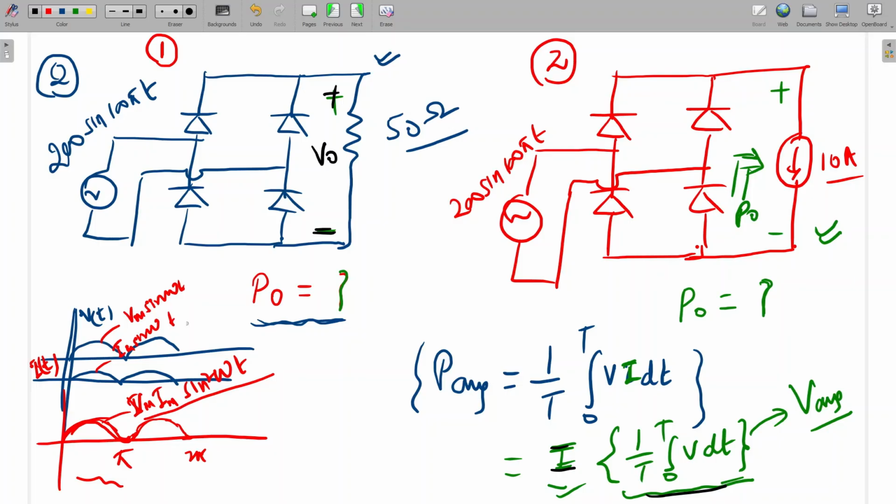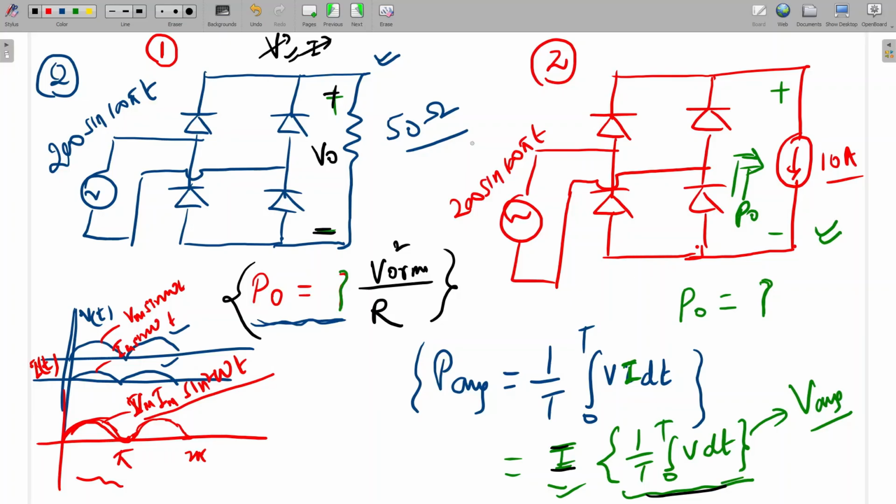But here we are seeing that both things are variable. Neither voltage is constant, nor is current constant. Both are variable. In that case, we take VO RMS whole square by R. So what we should remember: if both voltage and current are variable, then we have to calculate the RMS.